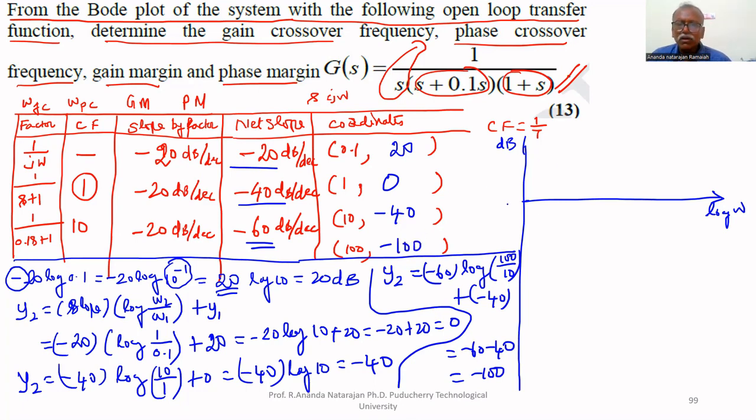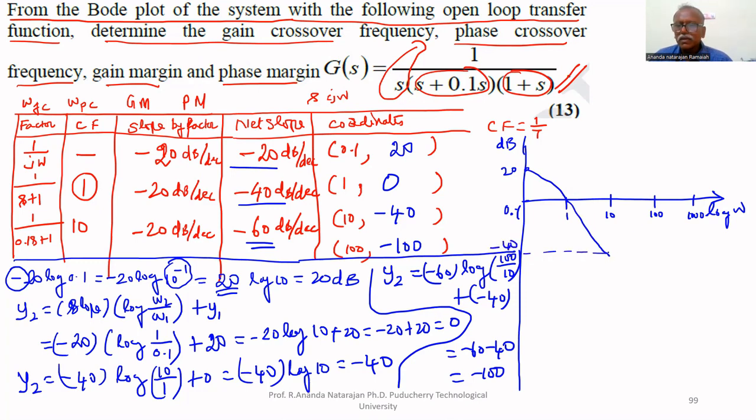Now we have to draw the plot. It starts at 0.1, 20 dB, then 1, 10, 100, 1000. At 10 it is minus 40.